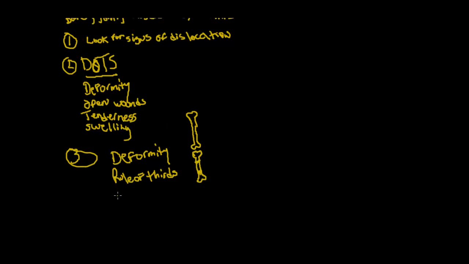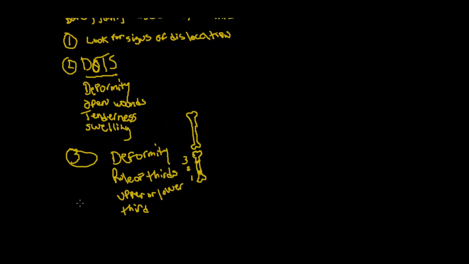So if it's the upper or lower third nearest the joint, say I've broken this up into, there's the first three parts. If it's near the upper third or the lower third, we're going to assume some sort of joint injury, that the joint is also injured. Not saying that you couldn't have damage to the bone, could be a fracture, but we're going to assume that there's a joint injury with it being that close to a joint.